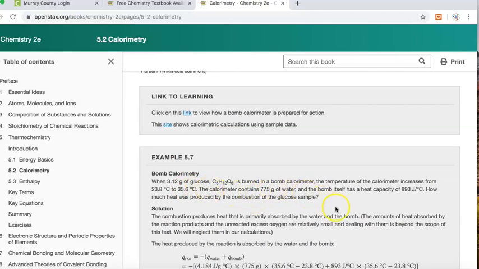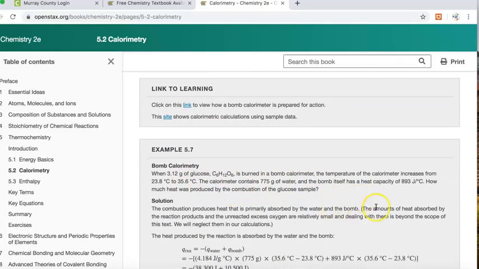It's burned in a bomb calorimeter. The temperature of the calorimeter increases from 23.8 degrees Celsius to 35.6 degrees Celsius. The calorimeter contains 775 grams of water, and the bomb itself has a heat capacity of 893 joules per degree Celsius. So how much heat was produced by the combustion of the glucose sample?